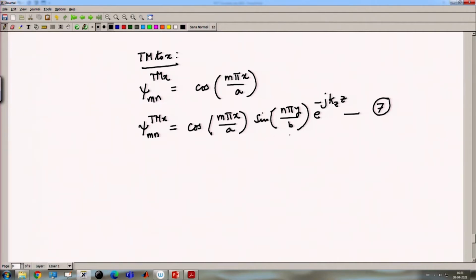Because at y equal to 0 and y equal to b, Ex has to be 0, which is determining this component, and at x equal to 0 and x equal to a, Ey has to be 0, which is determining this component.